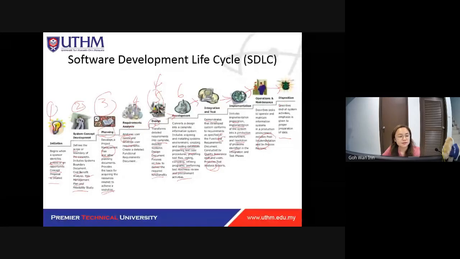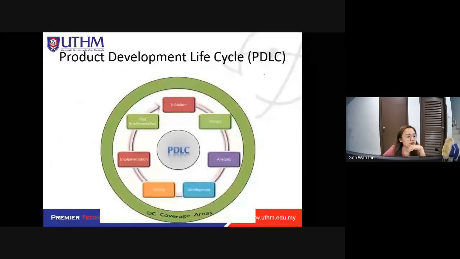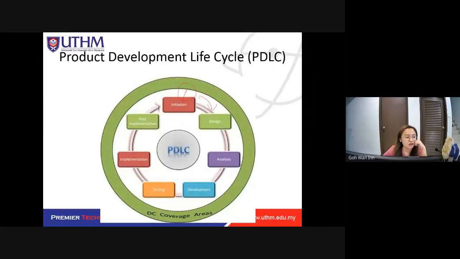Okay. So the product development life cycle. First, initiation. Second, design, which is similar to software, because software is a product and a product is also like software. After the initiation of the idea, you will design it by using an algorithm and flowchart, and then you will analyze it, analyze the usage and then do the study.